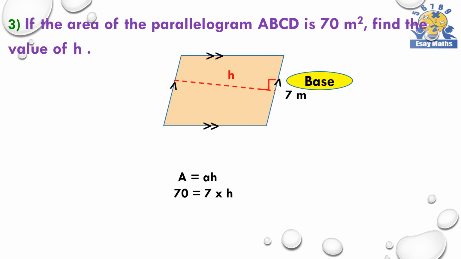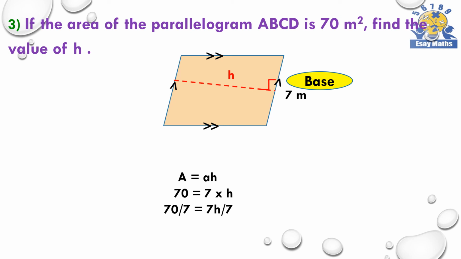Capital A equals AH. So here capital A means the area of the parallelogram. Now they have given the area of the parallelogram. So we are substituting the value 70. 70 is equal to 7 multiplied by h. Now we are going to solve this simple equation.